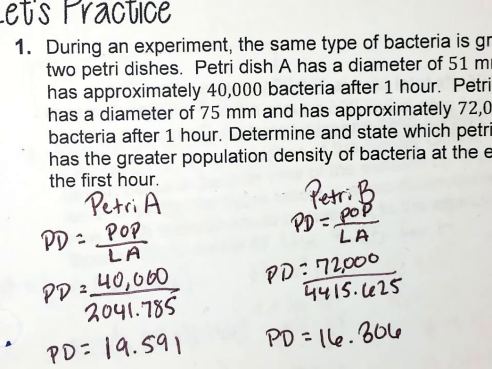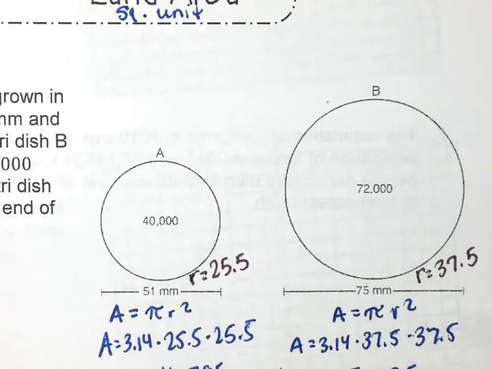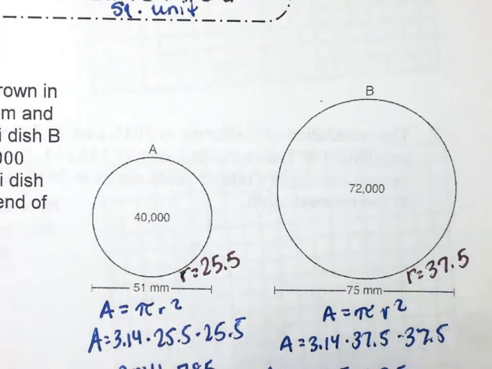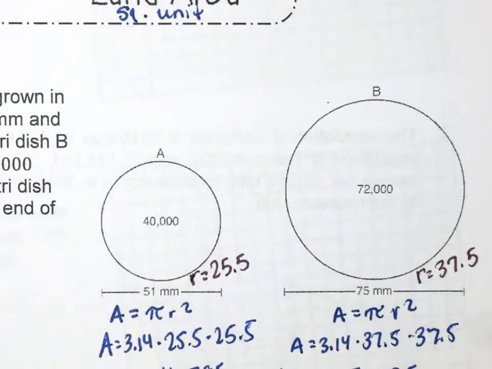So one thing my kids used to assume, they try not to do work. They assume that the bigger petri dish was going to have the bigger population density. That's not how population density works. It's not based on something being bigger than something else. It's based on how much is in a certain area.